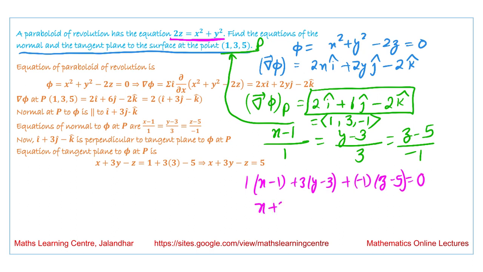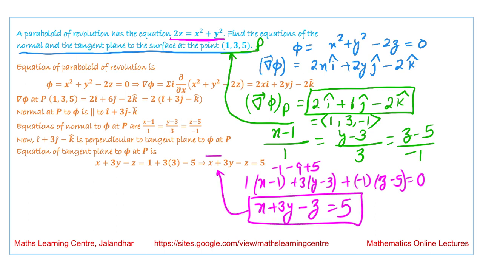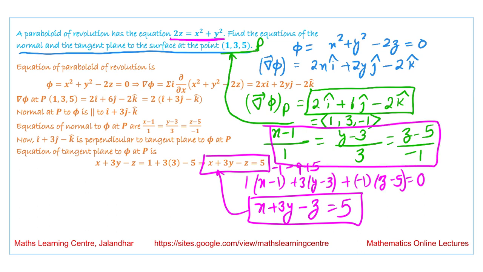So we get x plus 3y minus z equal to minus 1 minus 9 plus 5, so we are left with minus 5. So this is the equation of the tangent plane, and this is the equation of the normal.